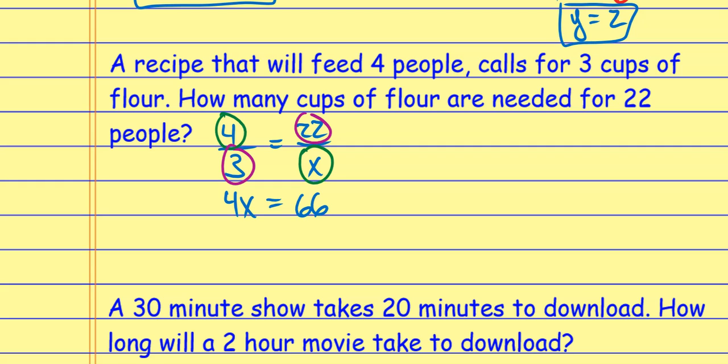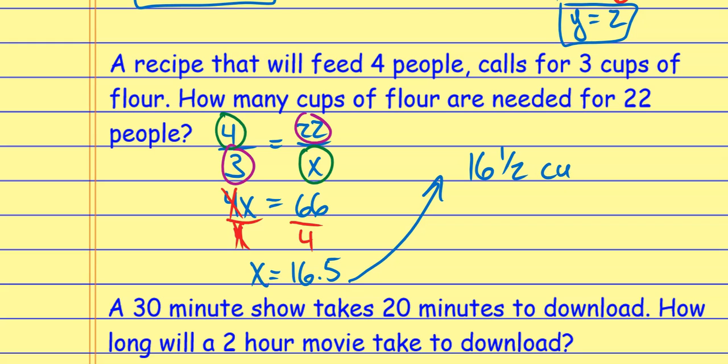Okay? And now, of course, to solve this thing, I'm going to divide each side by the 4. The times 4 and divided by 4 cancel, so I'm left with x. And over here, that gives me 16.5. Okay? So 16.5 cups, and that was of flour.